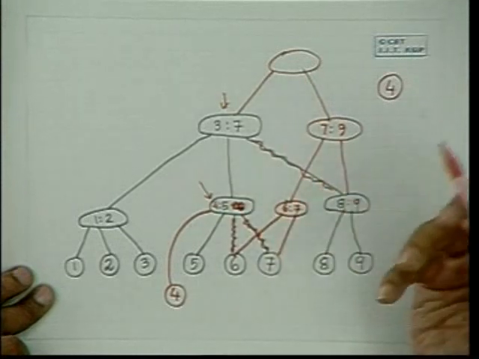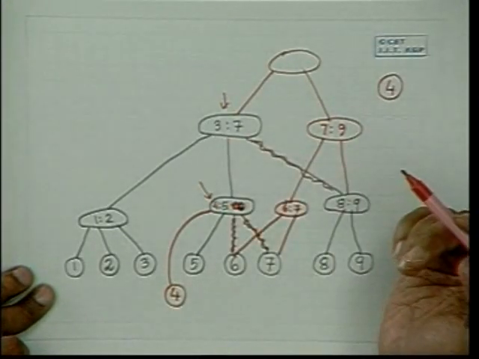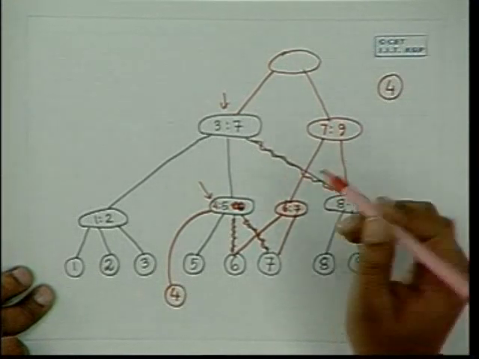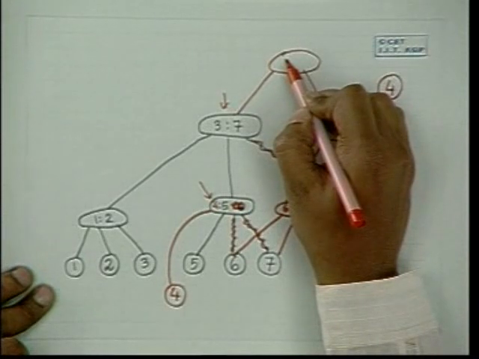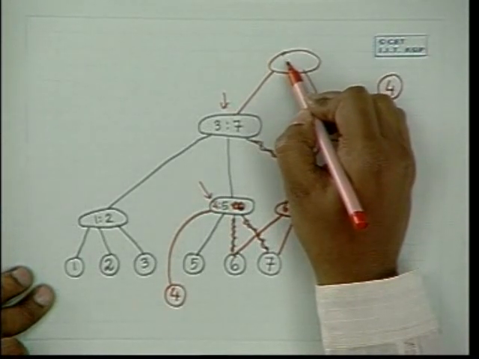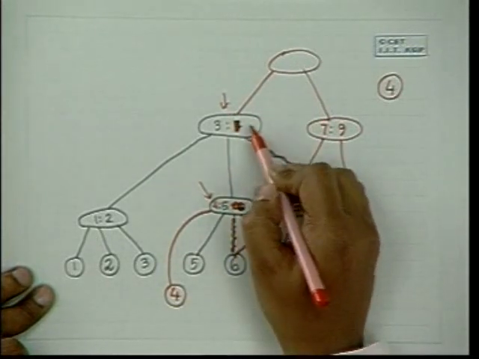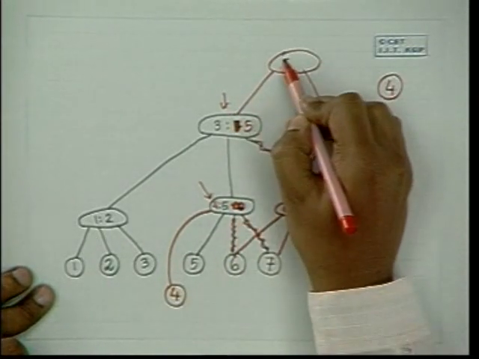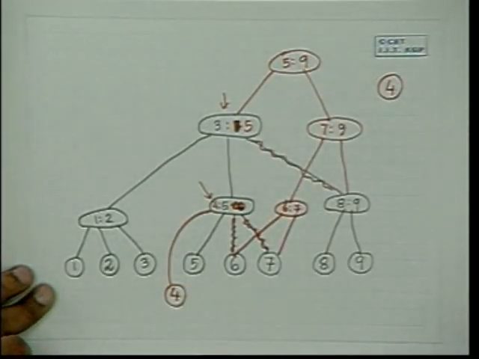If you end up with 2 nodes and you end at the root, then obviously you have to create a root, and what will be this value? This is no longer 7 now, sorry, this is 5. This will be 5. On this side, 6 and 7 have moved.